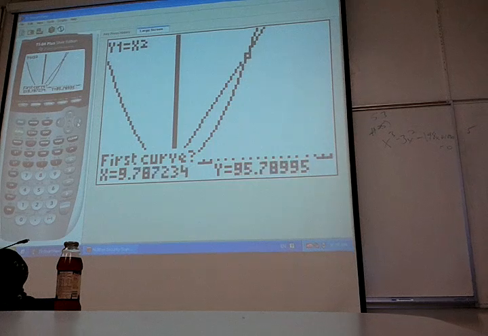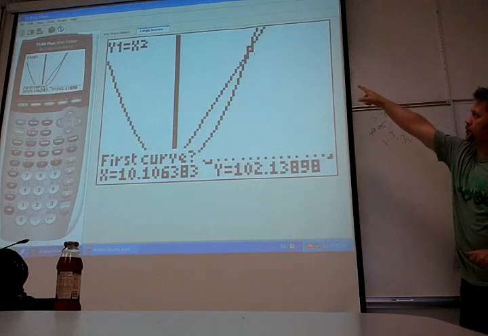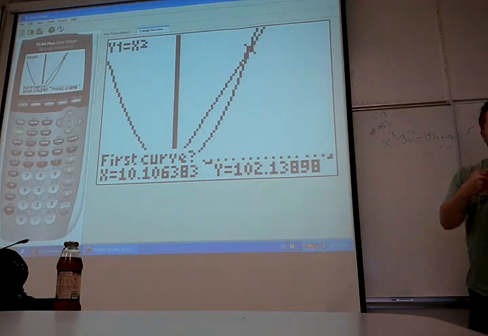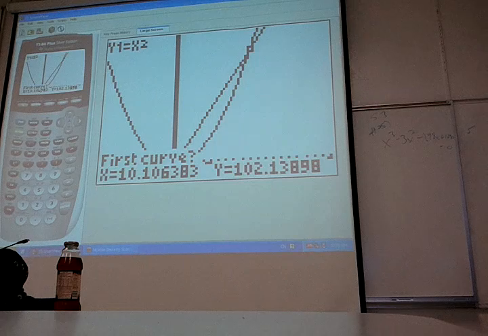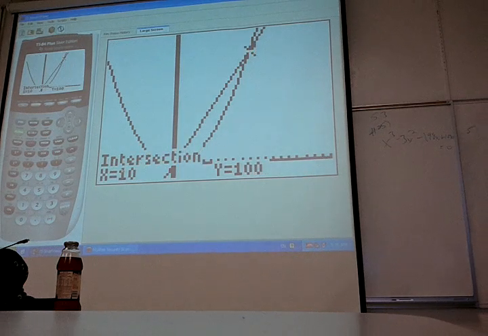I don't know if you guys remember, if I hit enter, it says first curve and second curve, and it automatically balances for me. So the shortcut is put the cursor on the answer, enter, enter, enter. Because when I hit enter, it bounces to the other curve. Enter, so I just told it what the two curves are. My guess, I'm already there. And there's the other answer, x equals 10.